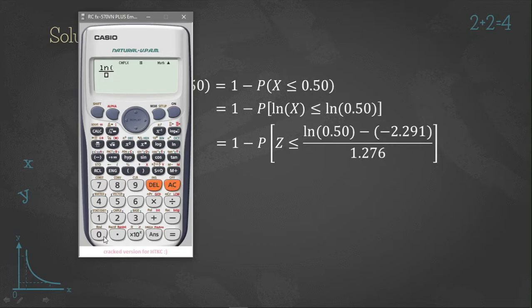ln of 0.50 minus negative 2.291 divided by 1.276. Ang sagot is approximately 1.25.